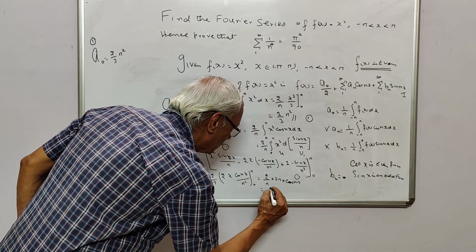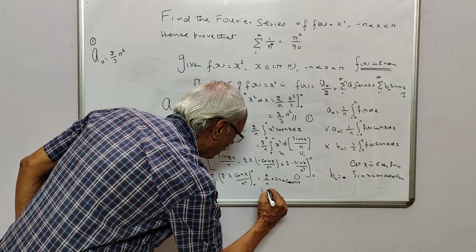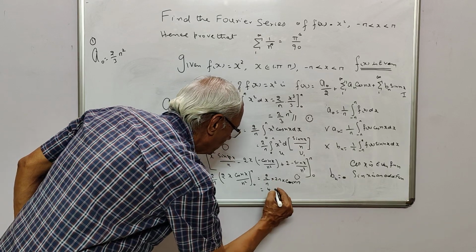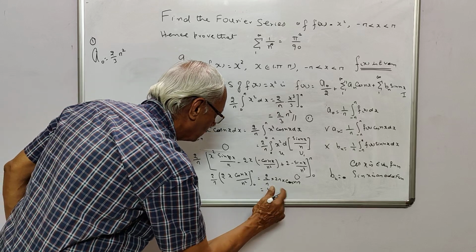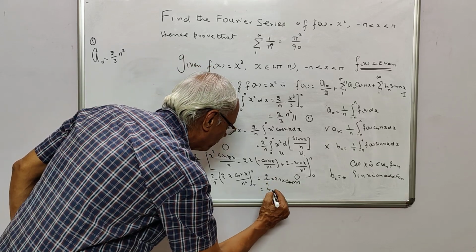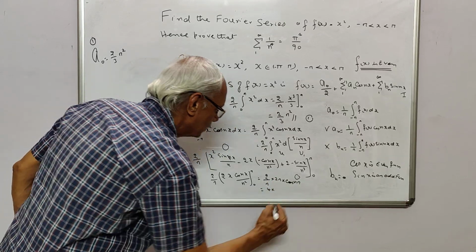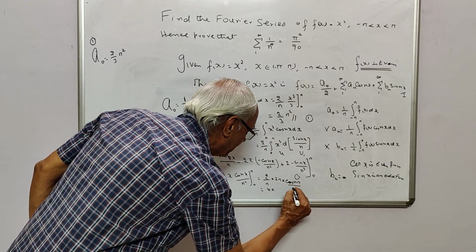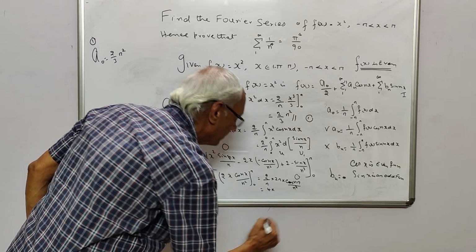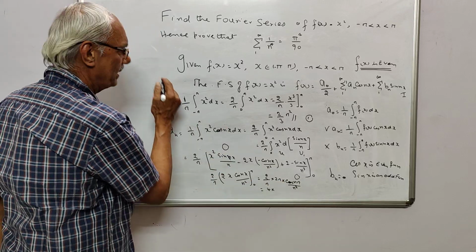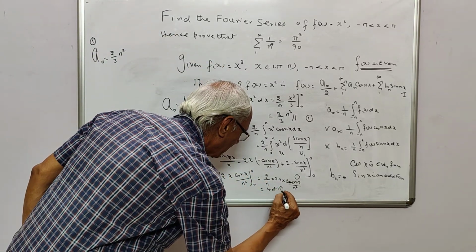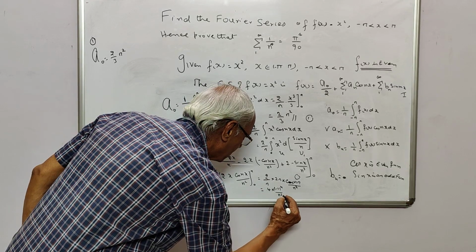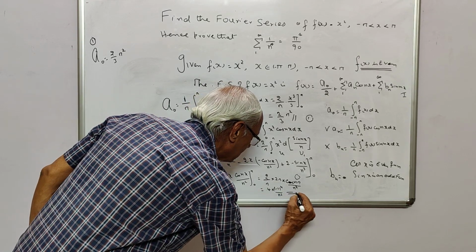So 2 by pi into 2 pi is 4, and here you have n squared at the bottom, and as I told you, cos n pi is equal to (-1) to the power of n, divided by n square.